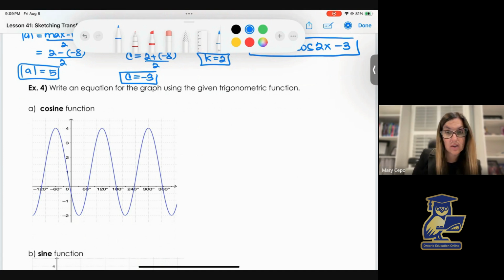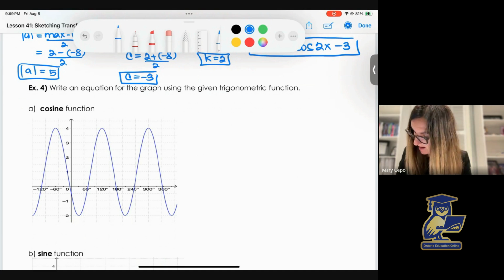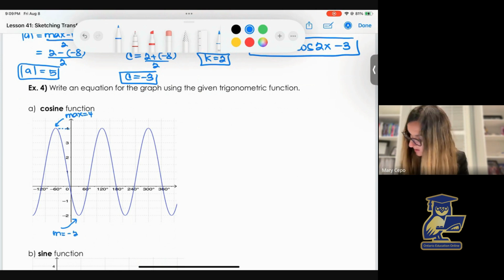So that D value, because we are starting with the cosine function, is how far the maximum moved from the vertical axis, from the y-axis. So we're going to break it down first. Let's identify the max. So max is 4, min is equal to negative 2.